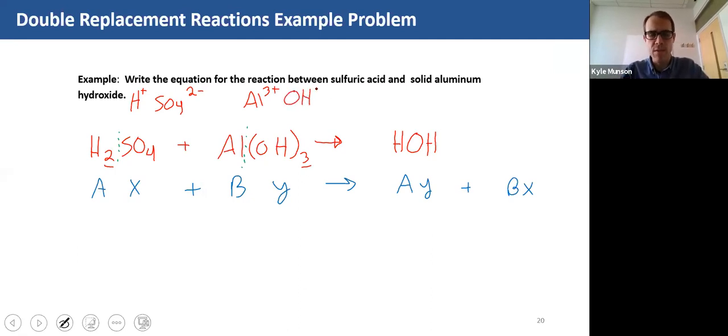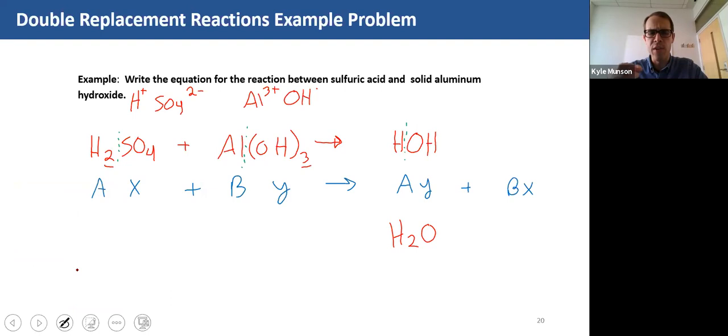So this is just going to be our formula, HOH. Or totally fine to rewrite it as H2O, okay? Water is going to be the product here. I'm just going to leave it as HOH so we could visualize better the AY part of this, that this came from the double replacement reaction, okay? But you could rewrite it as H2O, it's totally fine.